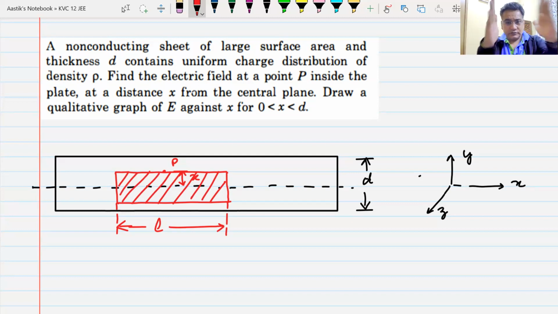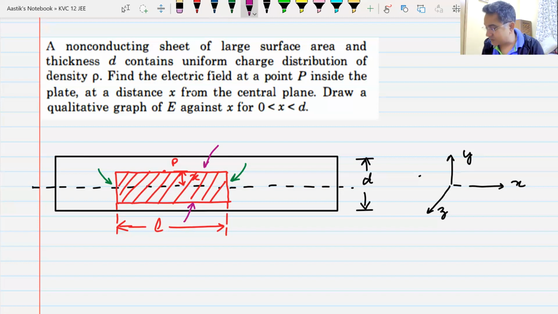For the side portion, the electric field is going to be variable, but the angle between the electric field and the area vector would be 90. So whenever I try to find the flux through this Gaussian surface, I only have to find the flux through this surface and this surface. Do we understand this?